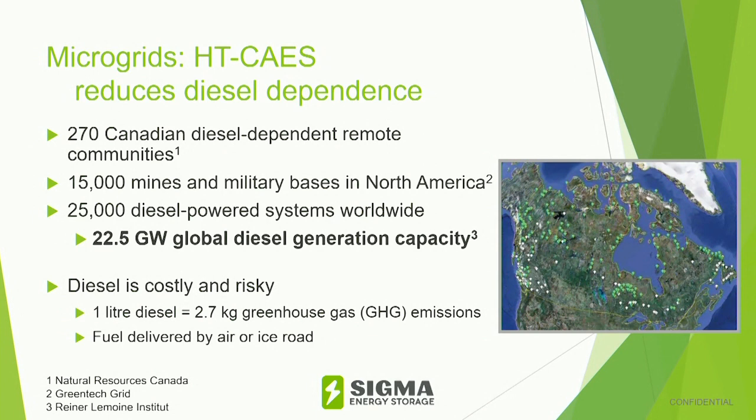Why? Because we're cheating. We're taking something that was going to be released in the atmosphere, not being used anyway, and we find a useful way to use that heat. For every liter of diesel, we're removing about 2.7 kilograms of GHG, which is quite interesting.